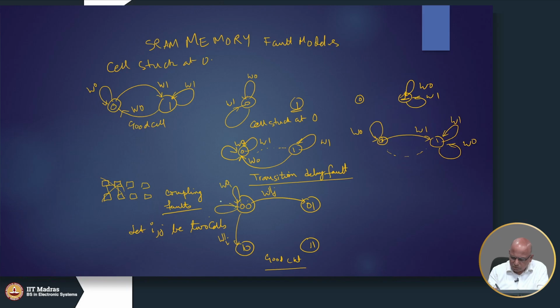If you write a 0 into j, it will stay here. Having come here, if you write a 0 in j, it will go back. If you write a 0 in i, it will stay here. If you write a 1 in j, it will stay here, and so on. If you write a 1 in i, it will go back.